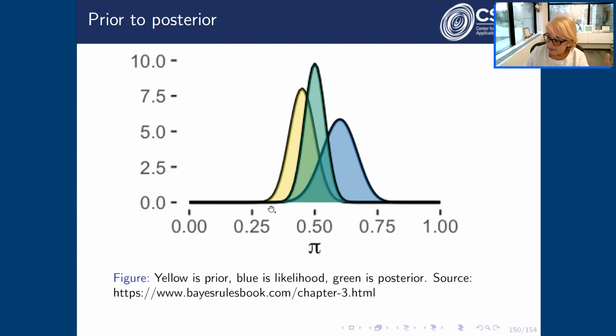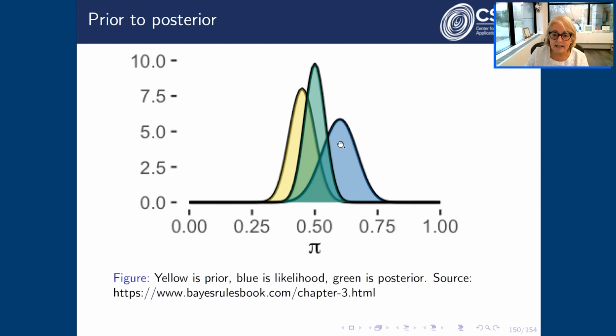Now I collect data. This prior is completely subjective. I come up with this yellow distribution on my own. The blue distribution here might represent, for example, the likelihood, which I calculate using the sample data. So a priori, I thought that pi was somewhere about 0.45, right?